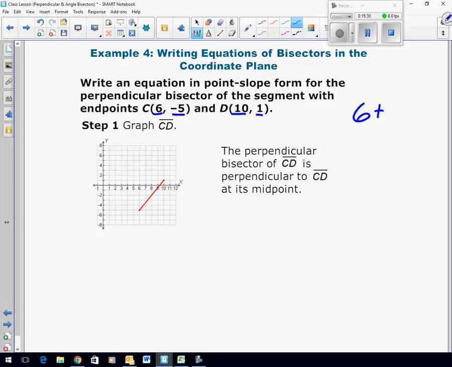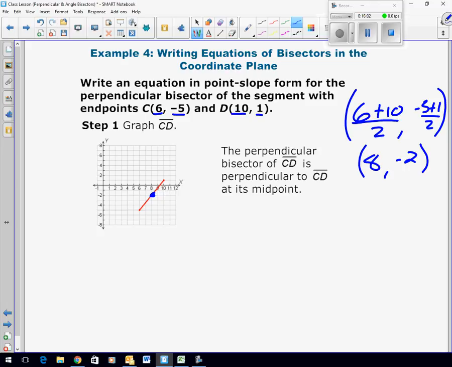That's 6 plus 10 divided by 2 for X, and negative 5 plus 1 divided by 2 for Y. 6 plus 10 is 16, divided by 2 is 8. Negative 5 plus 1 is negative 4. Negative 4 divided by 2 is -2. So 8, negative 2 is our midpoint.